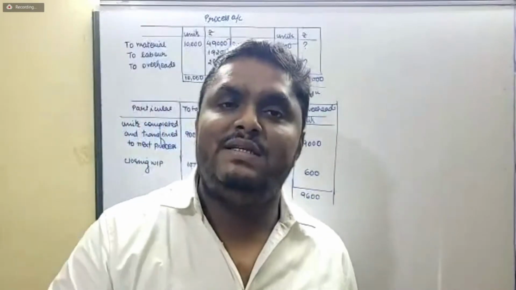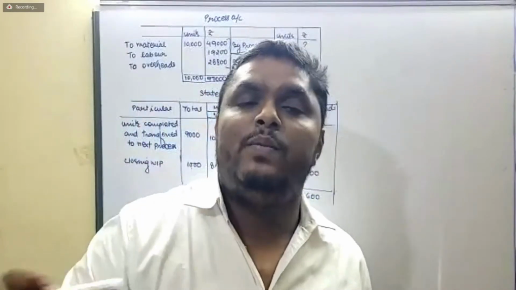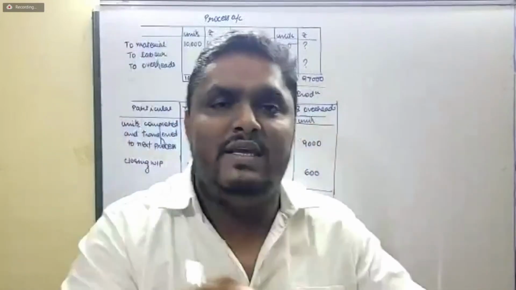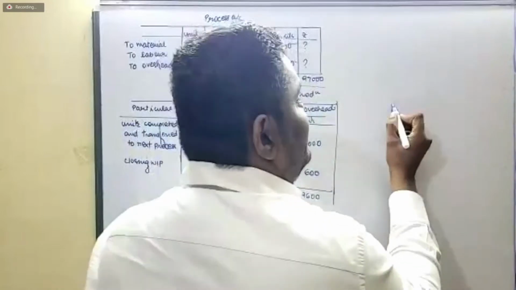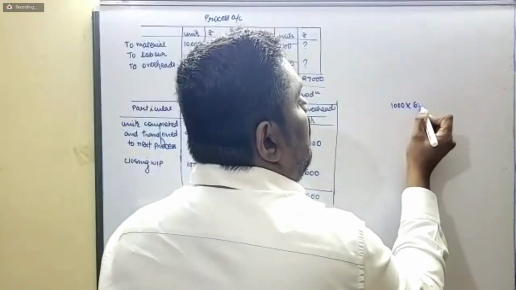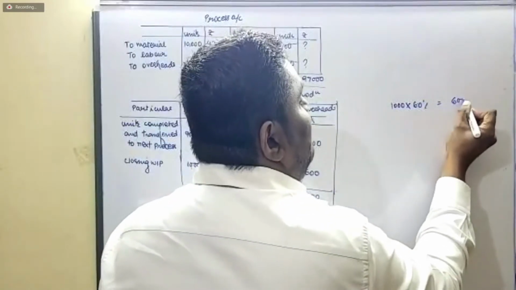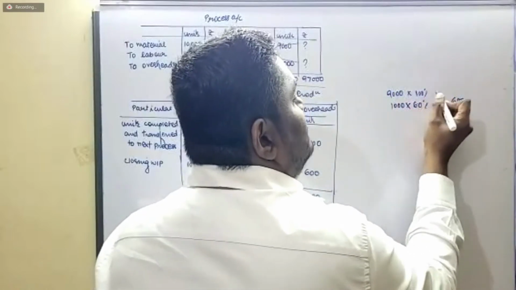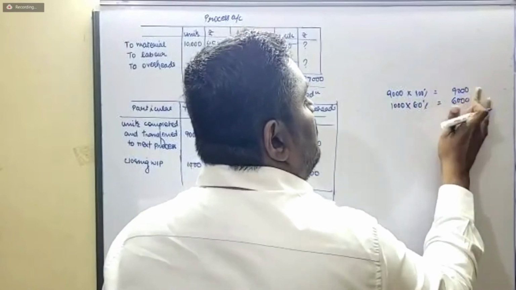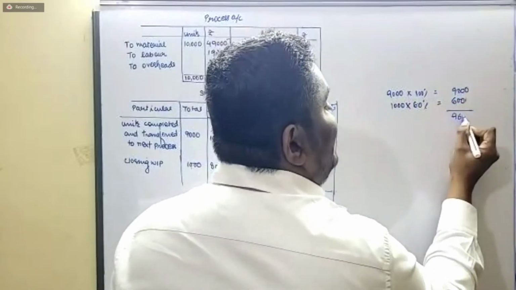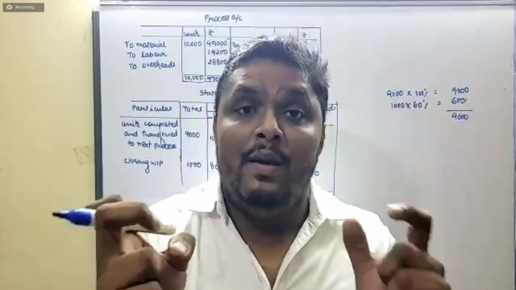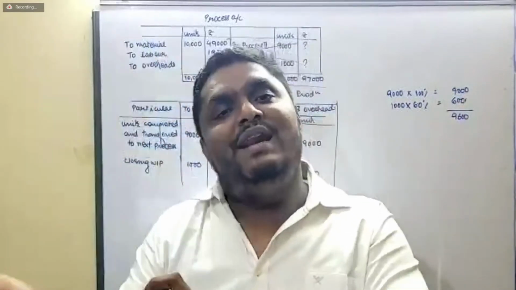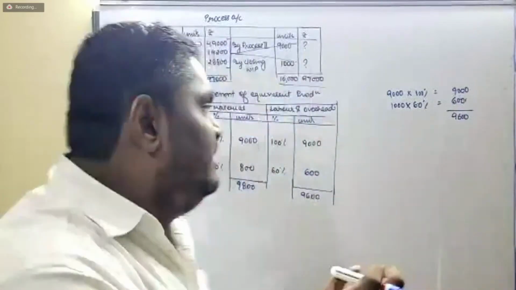If the question directly said that closing work in progress is 60% complete, then we would not need to do this exercise. Directly 1,000 into 60%, that is 600, and 9,000 into 100%, that is 9,000. So we would have easily calculated 9,600. But here in this question, the percentage of completion of material is different and labor and overhead is different.